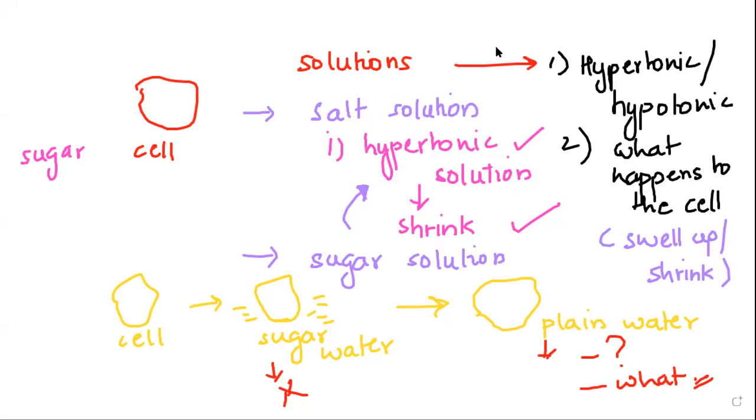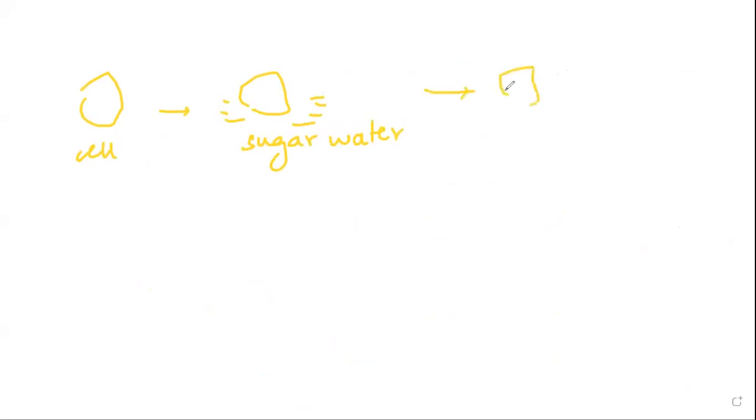Okay, let me clear this. So my question was, there is a cell. I put it in sugar water, right? And then I'm putting it in plain water, right? And what happens here? Let's break it down first.